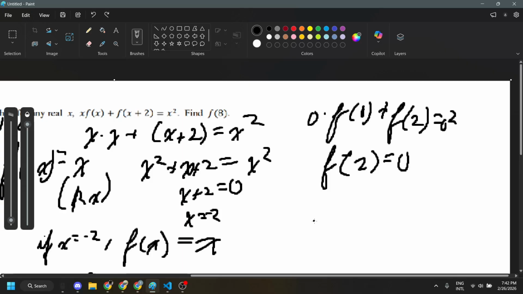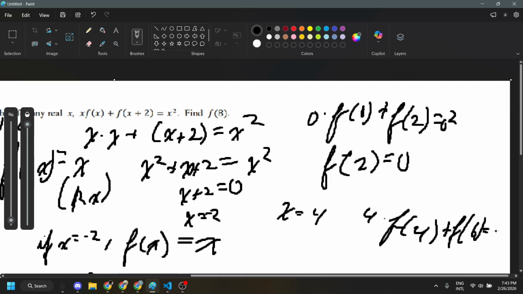Is it just equal to 0? Because then if we plug 4 in, let's say x is equal to 4, then we get 4 times f of 4 plus f of 6 is equal to 16. No, I did it wrong. We need to plug in x equals 2.